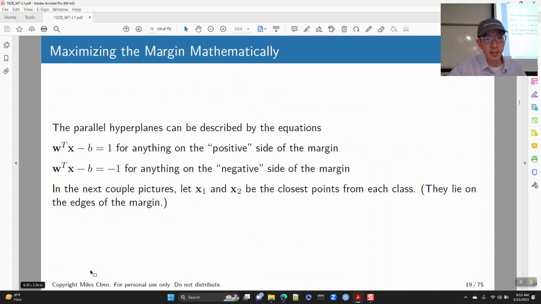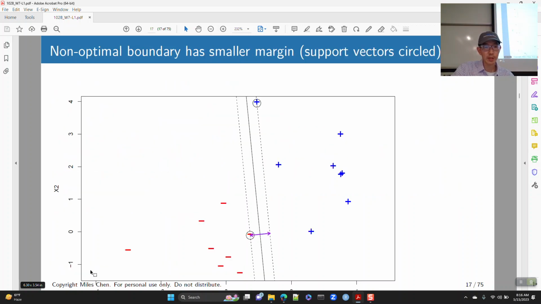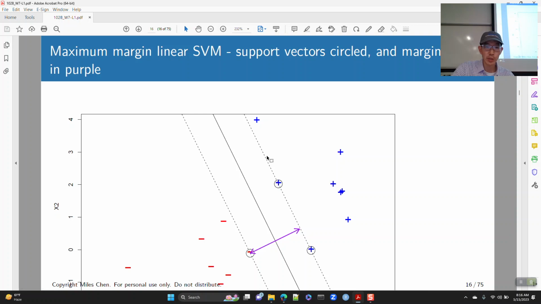Okay, so if we look at the two hyperplanes, the two parallel ones, if this one is w transpose x minus b equal to 0, we have another hyperplane where we're just sliding it up or sliding it down.